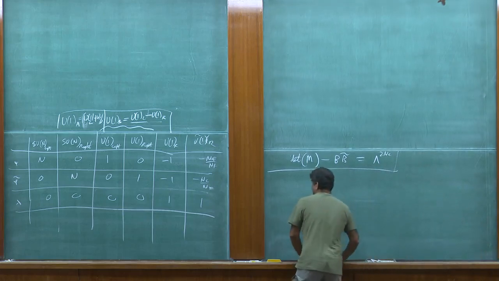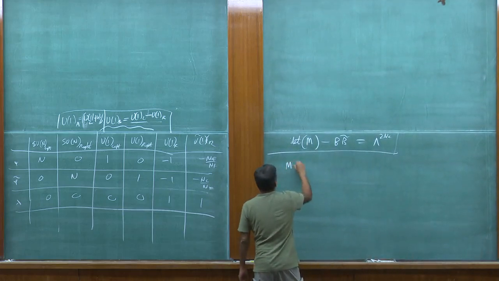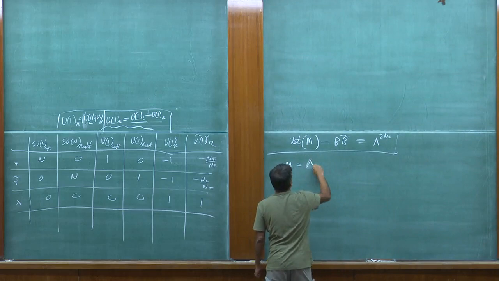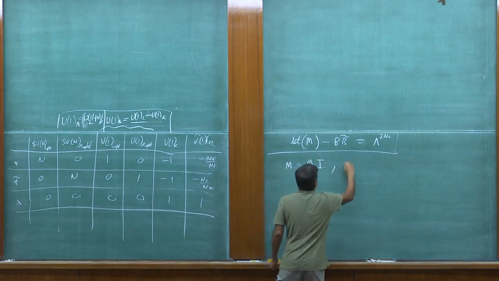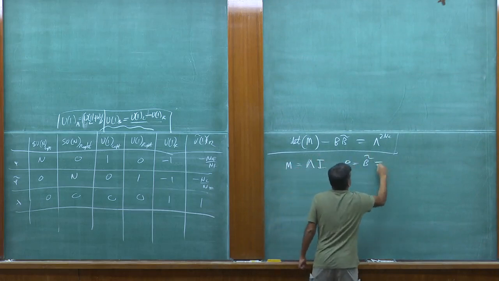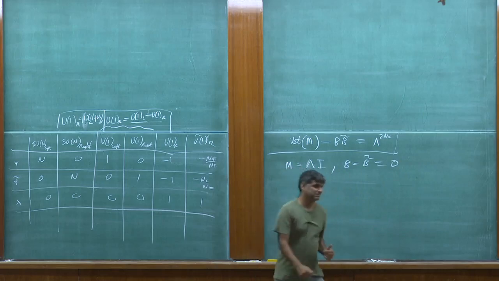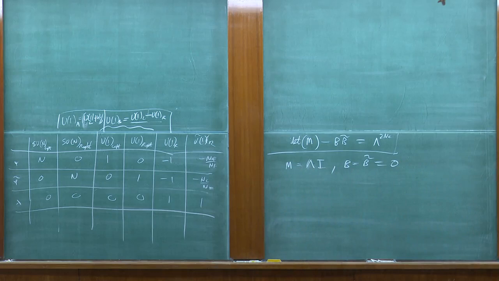Let's start with M equal to lambda times identity, and B equal to B tilde equal to 0. It's clear that this obeys the equation, because the determinant of M is lambda to the power 2nf, which is the same as lambda to the power 2nc in this case, whereas B and B tilde are 0, so this equation is obeyed.